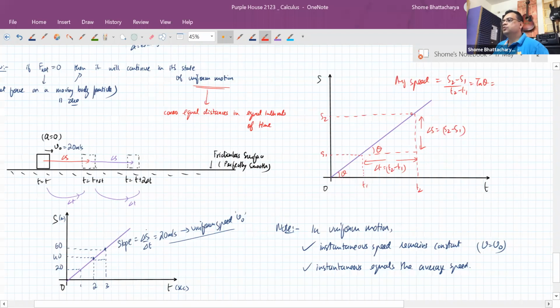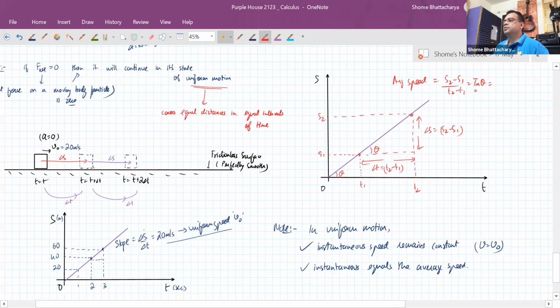So whether I select these 2 points or any other points randomly, they will give me the same value of tan theta, because it's a straight line. So it has the same theta between any 2 points. Which is uniform.